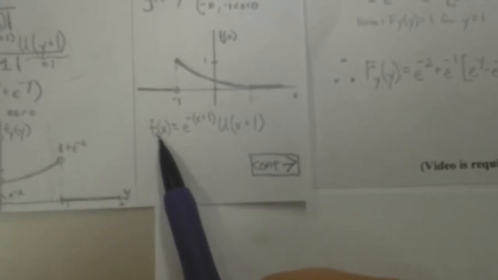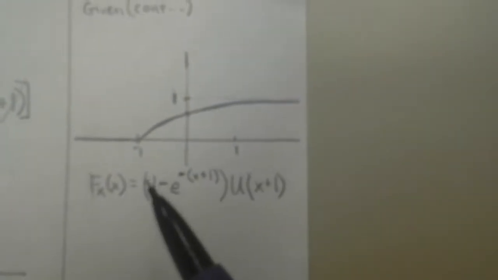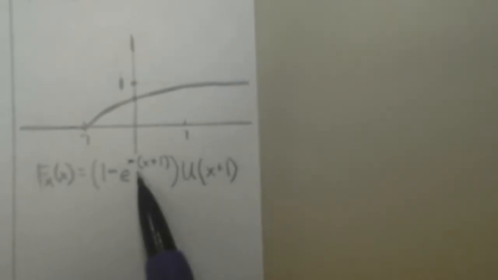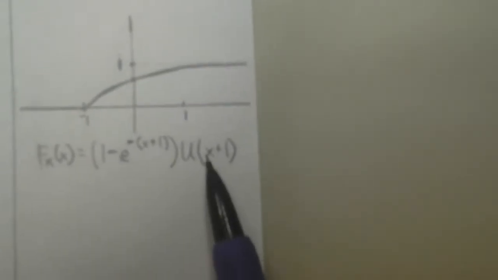Before we even proceed, it's important that maybe we try to derive the big F of x from this, even though it's not directly given, which we do right here, plus we draw the function. If we do the arithmetic, which is basically take the integral of our little f, we find that the big F of x corresponds to 1 minus e to the negative of x plus 1 times the unit function of x plus 1.